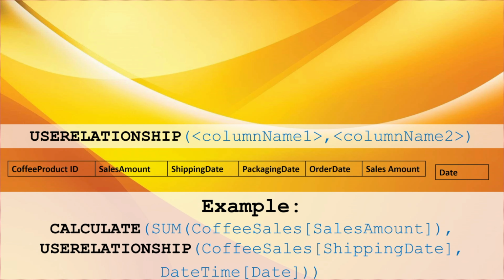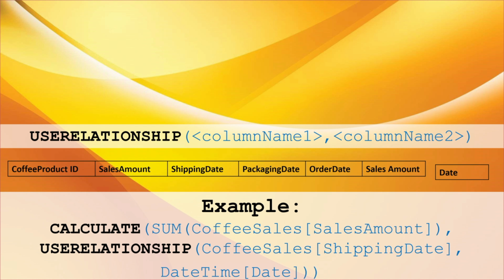Here in this example, we have a coffee sales table with coffee product ID, sales amount, shipping date, packaging date, and order date columns, and another table called the date time table with a date column. Here we will show you how to override the default active relationship between the coffee sales and date time tables. The default relationship exists between the order date column in the coffee sales table and the date column in the date time table.